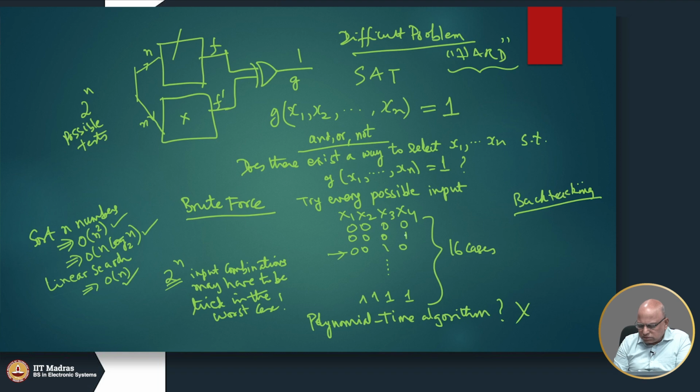So, we try to reverse, 0 is changed to 1, and if that does not work, we may change x3 to 1 and try x4 equal to 0. So, in the worst case, it may end up applying every possible vector. So, backtracking is the way testing is actually solved.